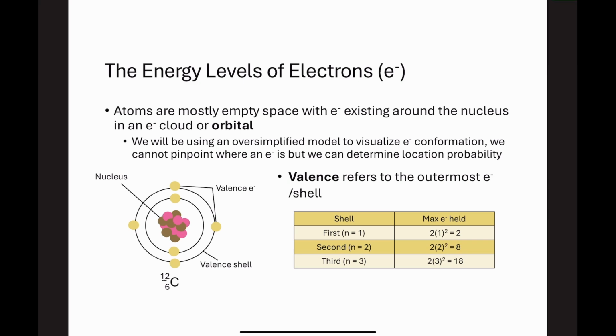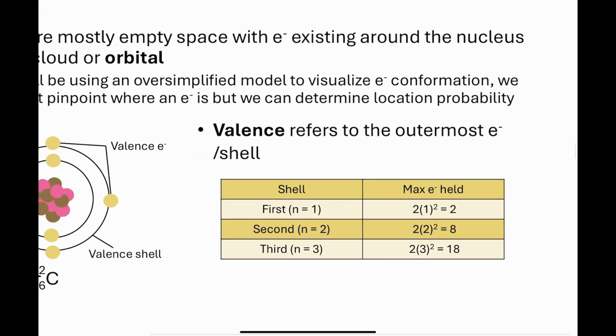So when we look at this chart over here, what we see is that the first shell can hold only 2 electrons. The second can hold 8 electrons, and the third shell can hold up to 18 electrons. We can form more energy shells, but for the scope of this class, knowing how many electrons can be held in the first 3 shells is all that matters.